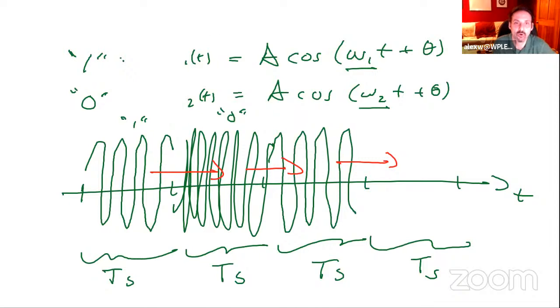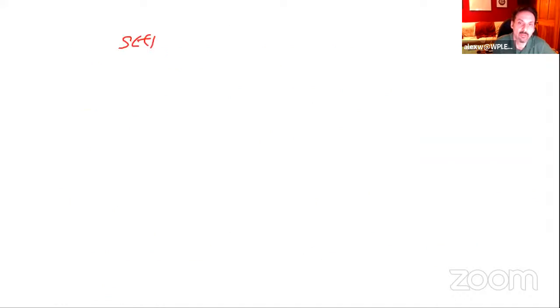Boom, perfect. So these would be passband signals, right? So we saw how we did it continuously. We had some sort of frequency term.